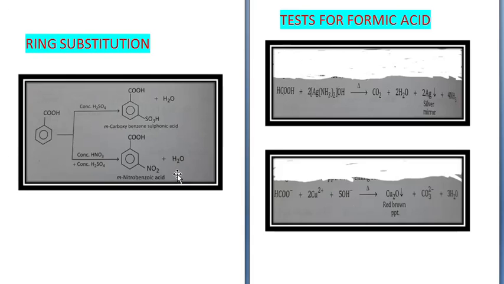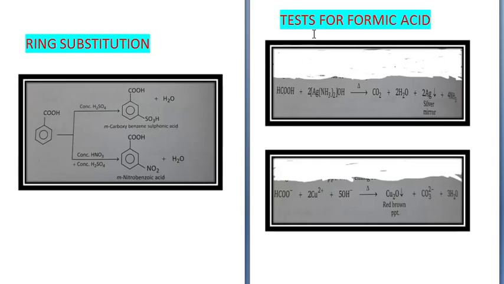These were the chemical properties of benzoic acid. These are the properties of not just benzoic acid, but all the carboxylic acids. Now next is the test for formic acid.